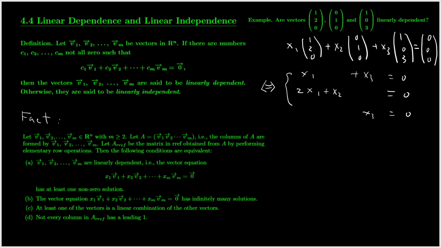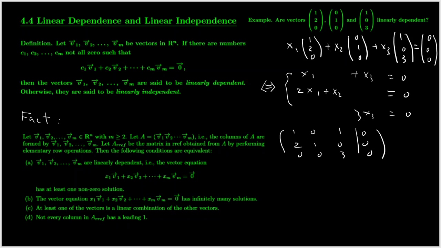Again, we need to solve the system in order to determine if the given three vectors are linearly dependent or independent. To solve the system, we form the augmented matrix. The first row is 1 0 1 0. The second row is 2 1 0 0. The third row consists of the numbers 0 0 3 0.